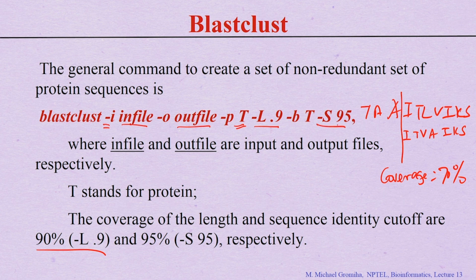What is S95? Identity. It is about 95% sequence identity. So, here you can restrict with the sequence identity plus the coverage. What is the advantage of using coverage? For example, if you have one protein of 100 residues and another protein of 200 residues, and only 10 residues are aligned and those 10 residues are the same, then if you do not use query coverage, they align 10 residues and 10 residues are the same.